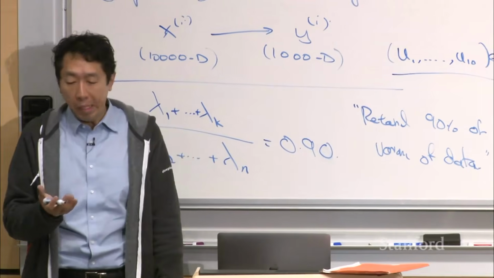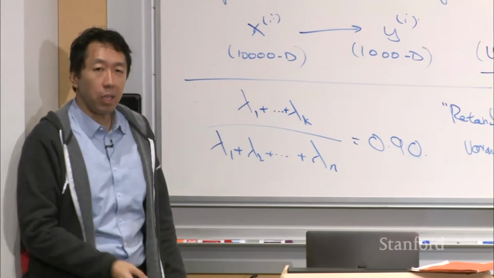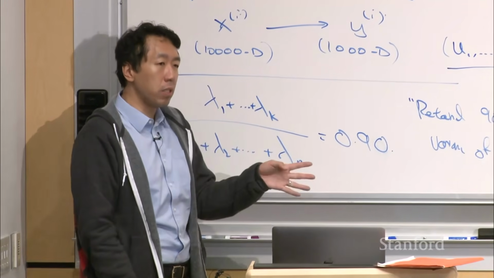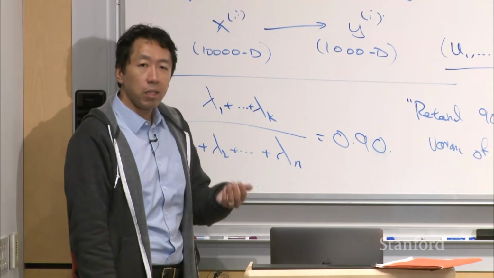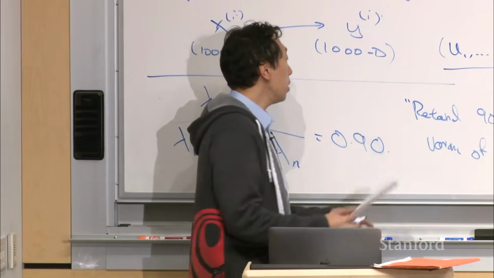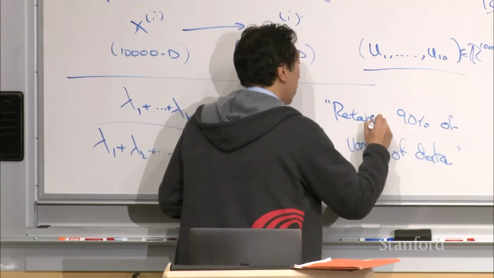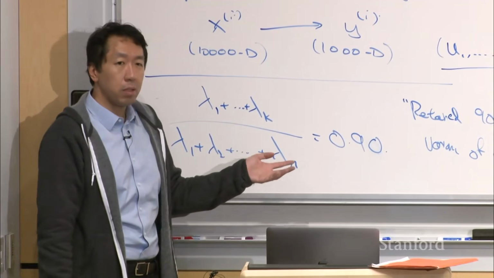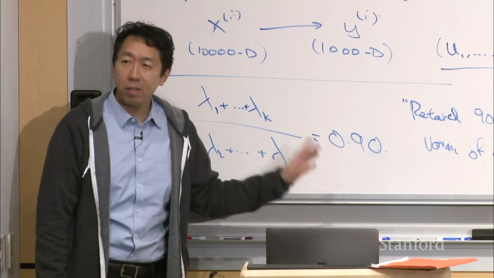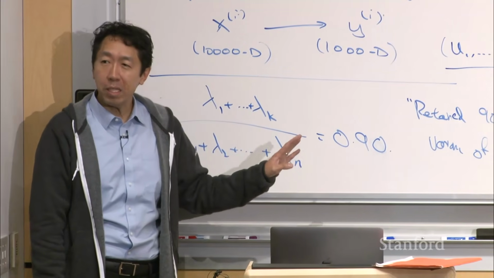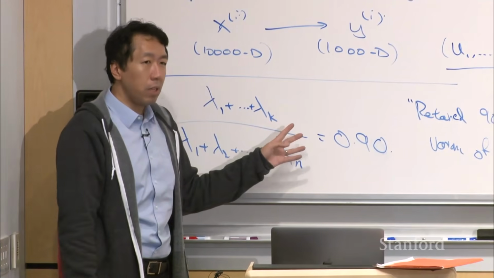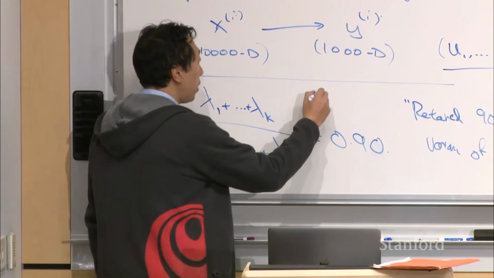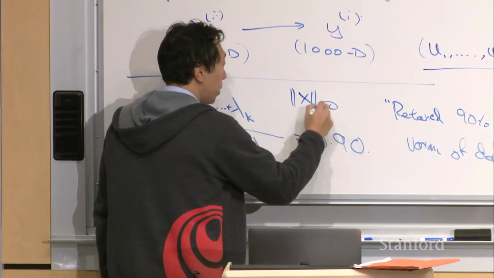So if you ever see someone write a paper that uses PCA and they say, we use PCA to reduce the dimension from 10,000 to 1,000 dimensions, and this 1,000 dimensional subspace retains 90% of the variance of the data, then that's what this means. I don't want to go deeply into exactly what this means, but a data set with no variance is a data set where every example is equal to 0, right?